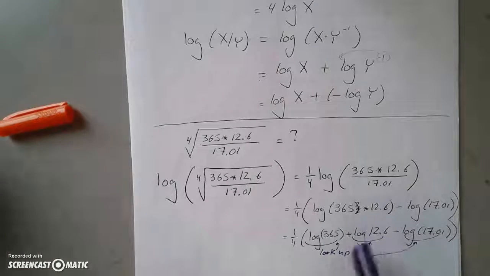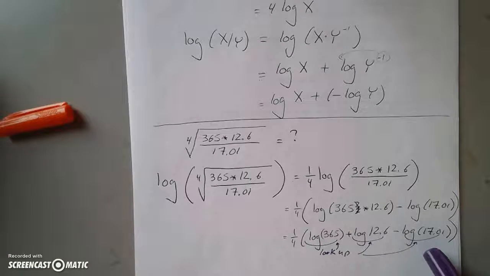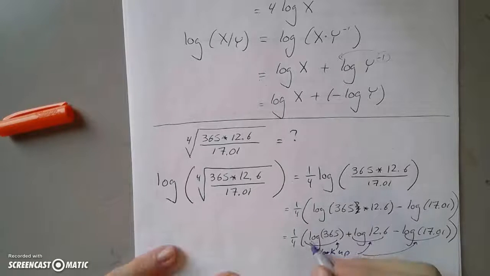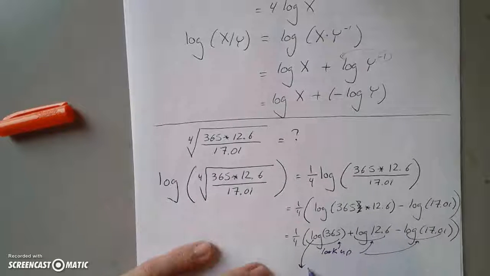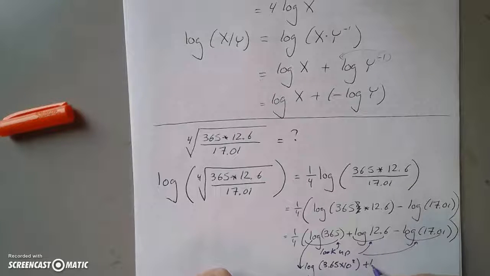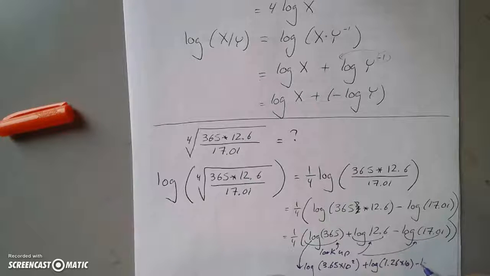And it might seem like you'd have to have a set of logarithm tables for every conceivable number, but you don't. Because you can write this as log of 3.65 times 10 squared, scientific notation. Log of 1.26 times 10 minus log of 1.701 times 10.